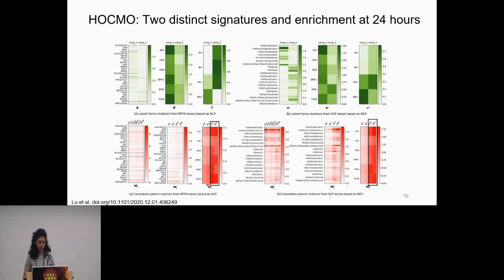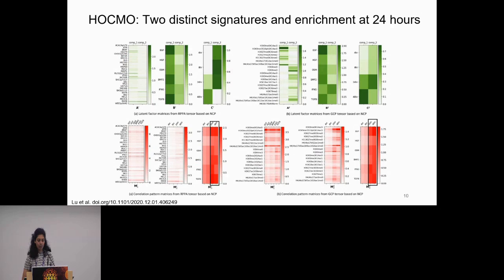We further captured the pairwise correlations and observed an enrichment over the 24th hour, as you can see here, for both the GCP and RPPA datasets, suggesting a possible onset of breast cancer initiation for all growth factors.